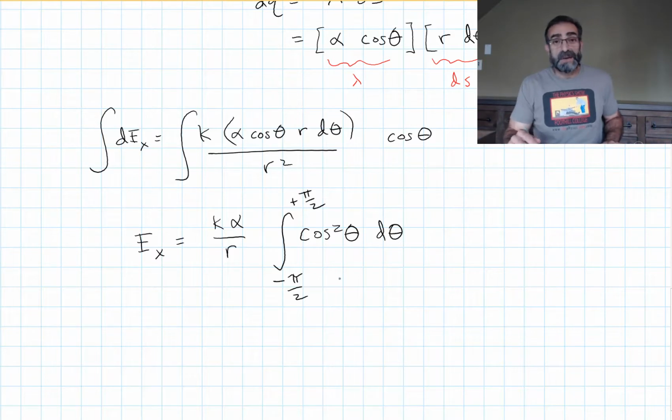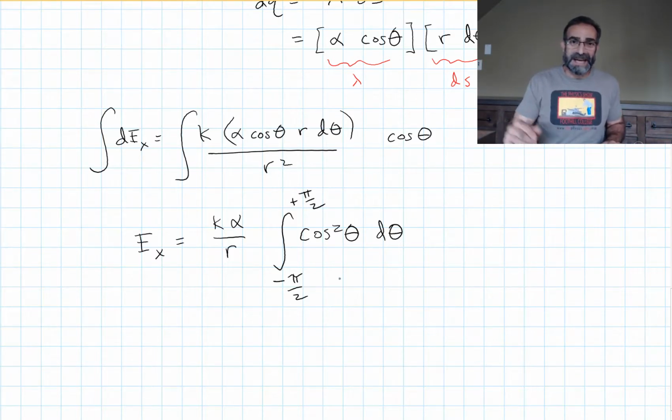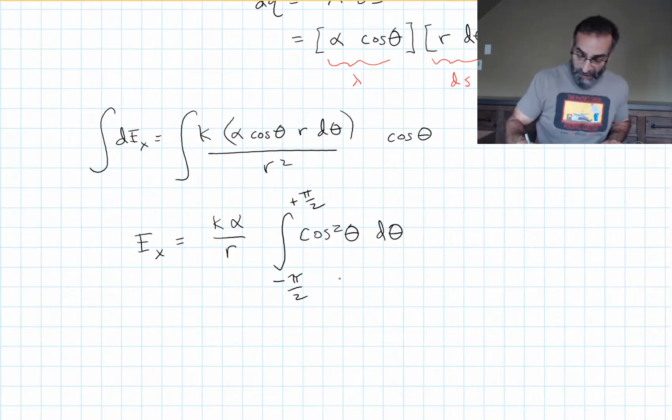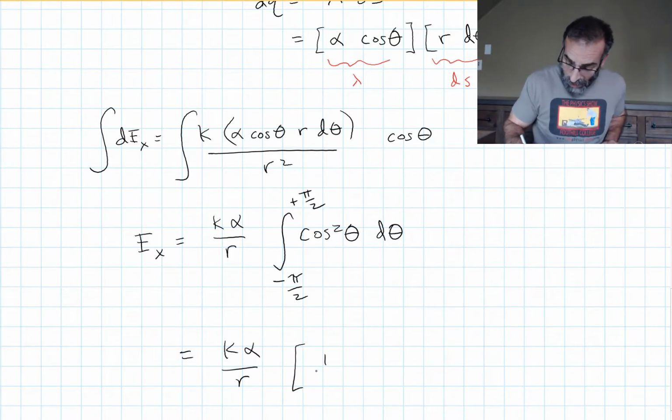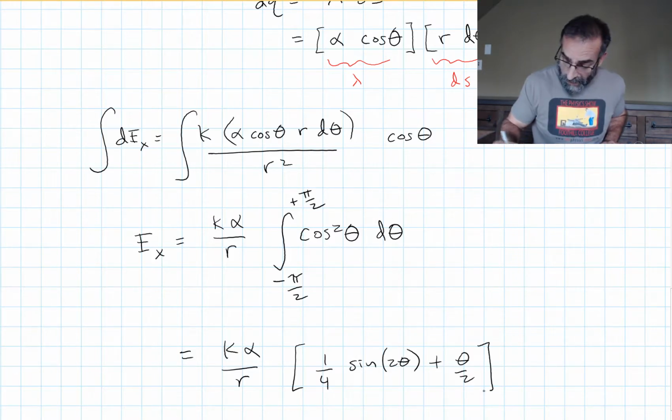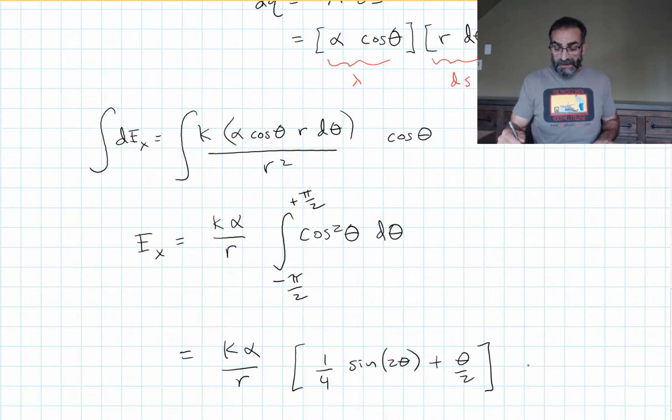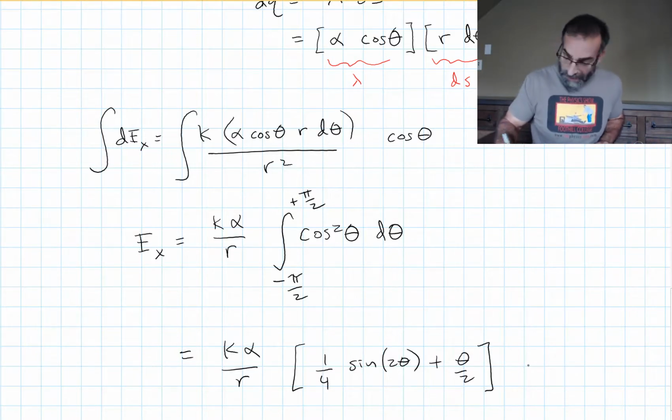This is a tricky one. I would look it up on my integral table or formula sheet or back of the book. They often have integrals like this listed. And when I look it up, I get this is my solution: 1/4 times the sine of 2 theta plus theta over 2. That's the solution to the integral of cosine squared theta d theta. And this is evaluated from minus pi over 2 to plus pi over 2.